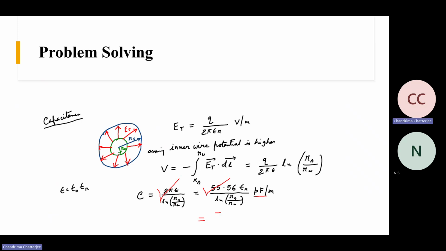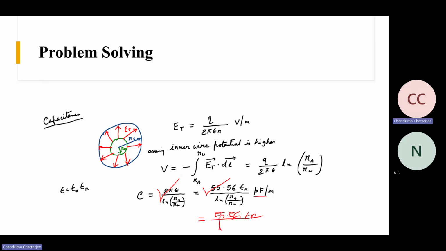So this is 55.56 epsilon naught epsilon r. This is the relative permittivity, this we need to find out.